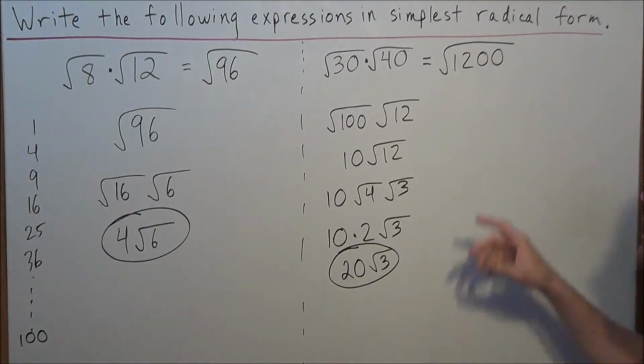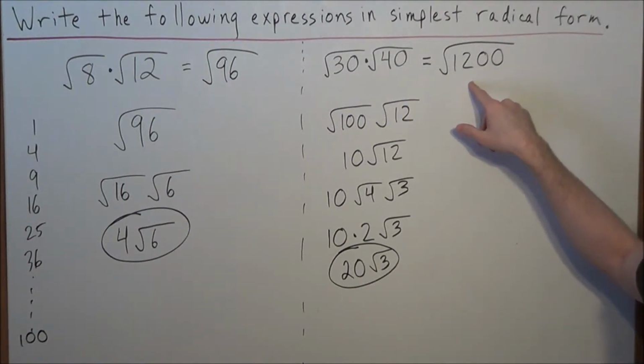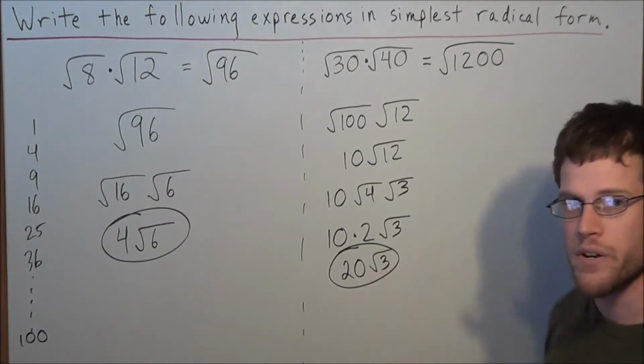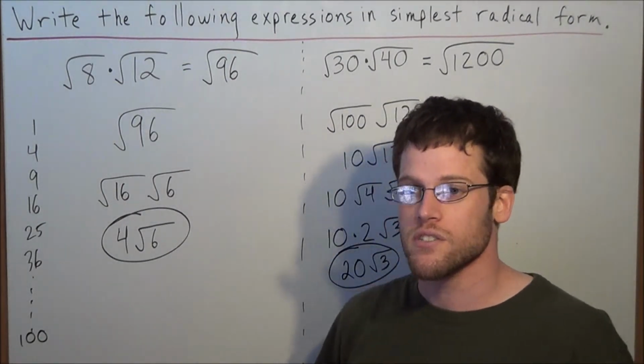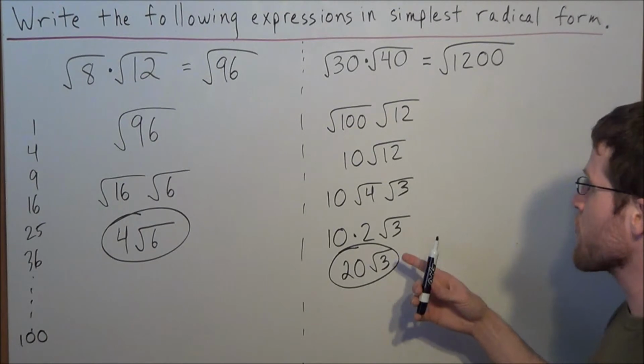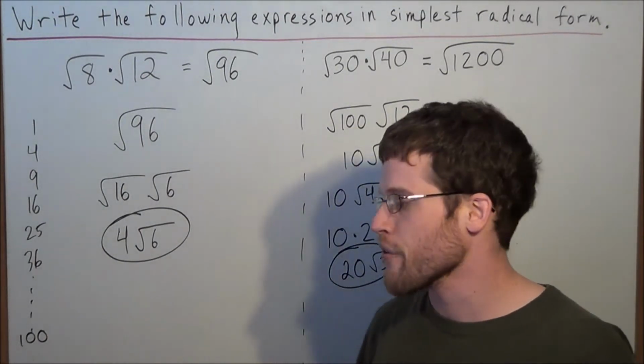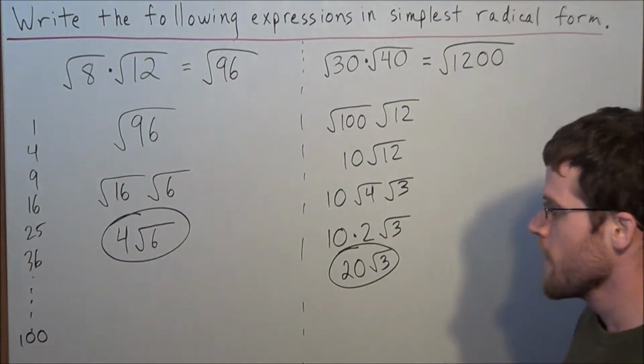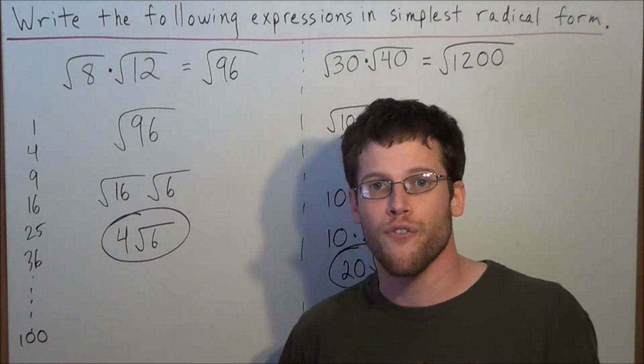But notice that after we multiplied, it took us about 4 or 5 steps to get to 20 radical 3. The reason this occurred is we could find a bigger perfect square factor. You're not expected to know this, but if you zoom down the list, another perfect square would be 400.